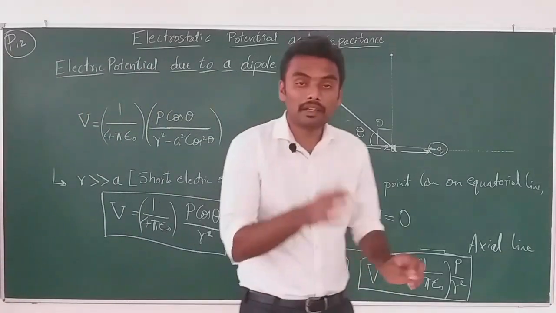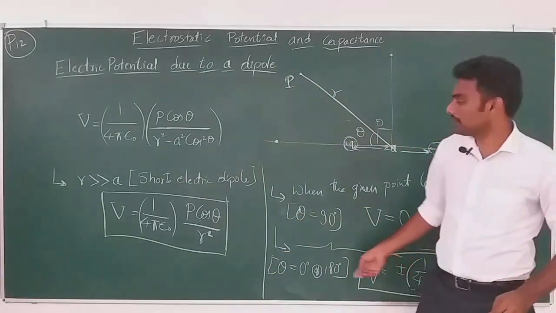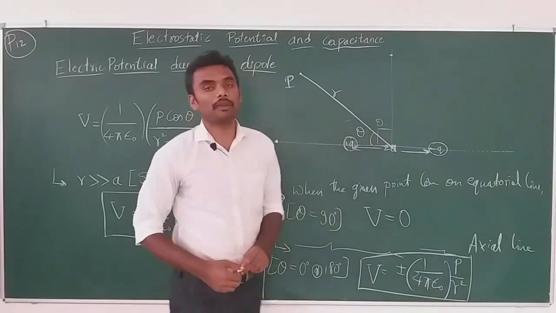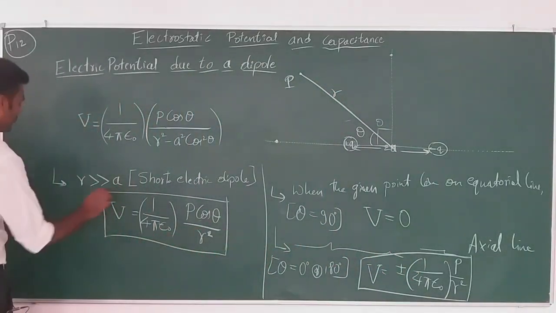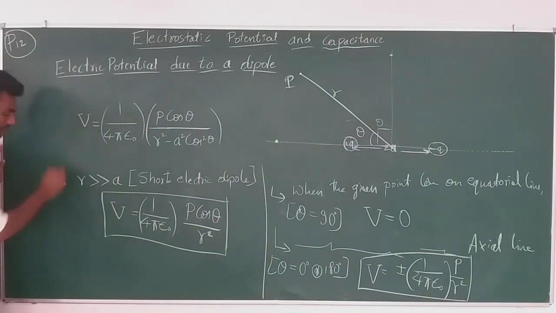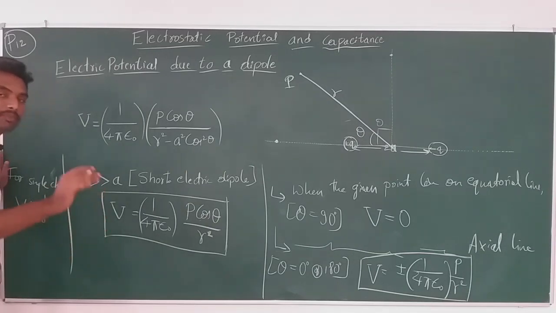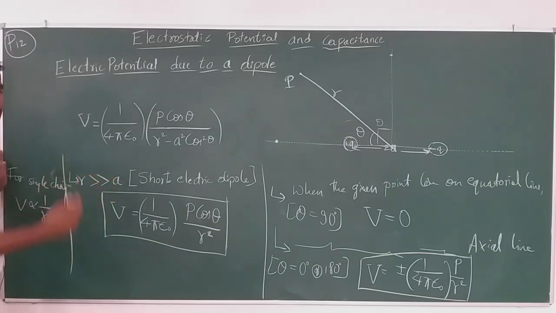And look at the way in which the potential varies due to a dipole. See, for a single charge, V is inversely proportional to simply r, that is, V is proportional to 1 by r, because V is equal to 1 by 4 pi epsilon naught Q by r for a single charge.